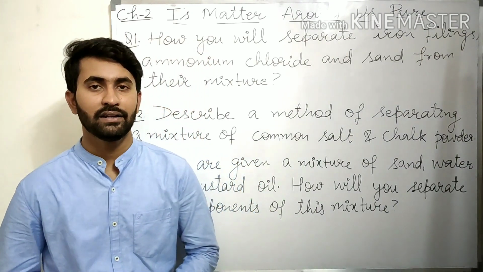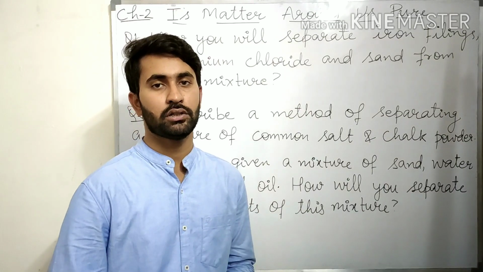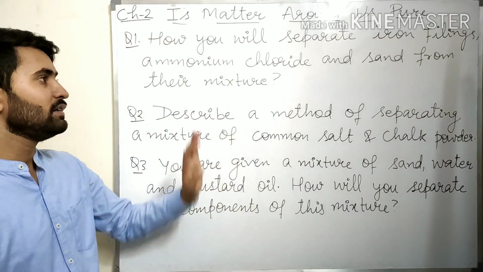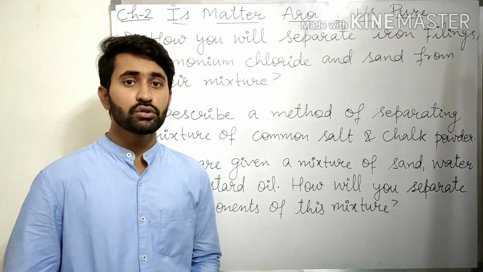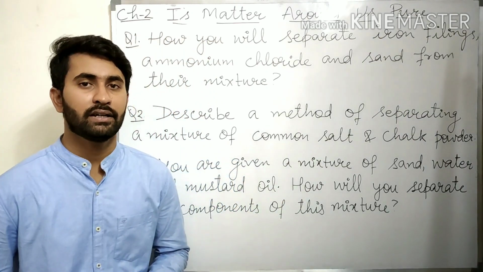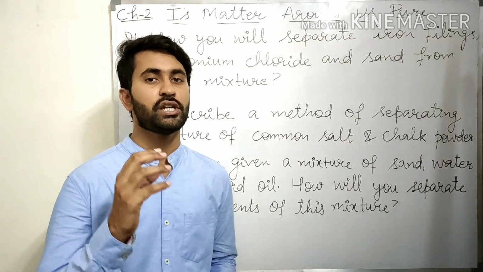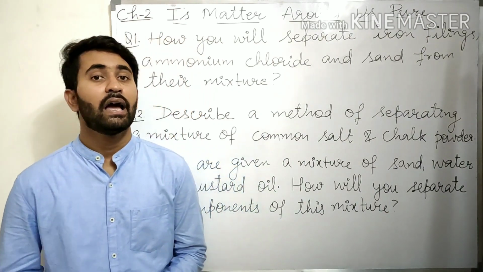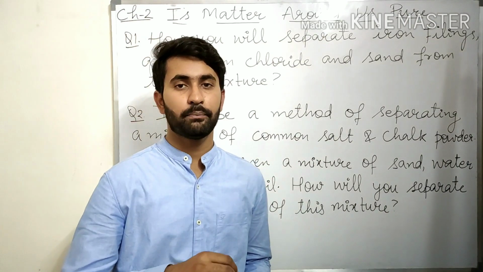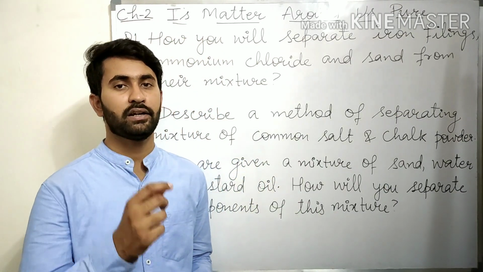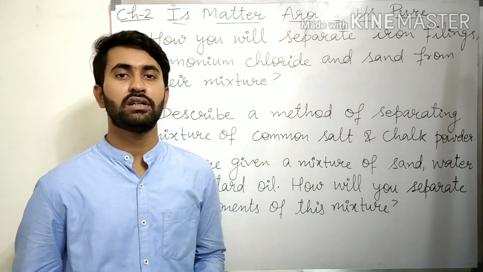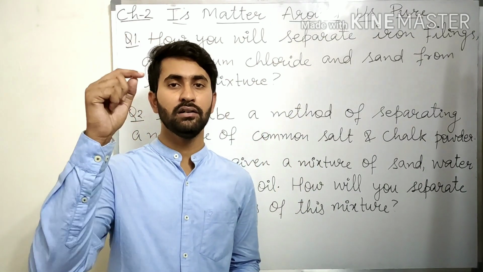When we heat that mixture, the ammonium chloride will undergo sublimation and change into vapors. We will collect those vapors by keeping an inverted funnel on the china dish, with a cotton plug inserted in the funnel.